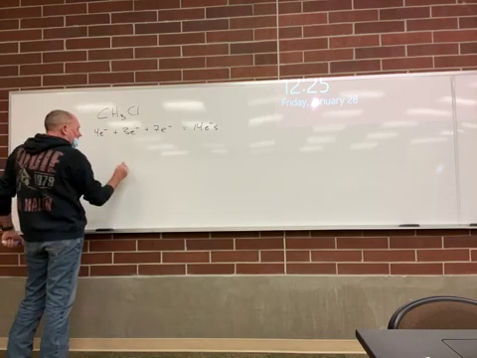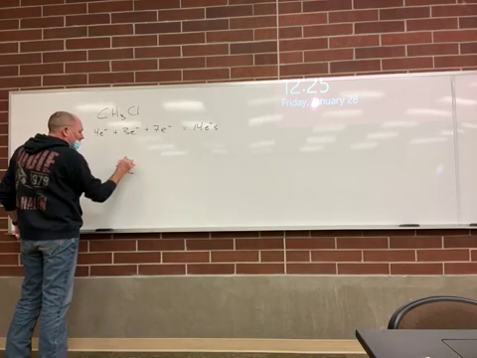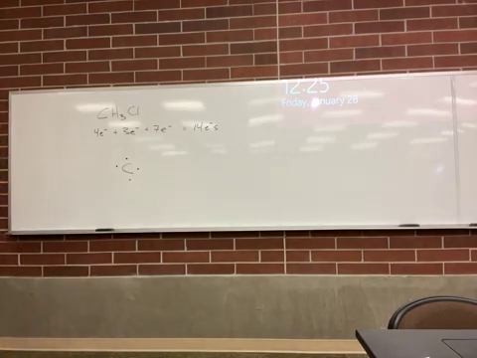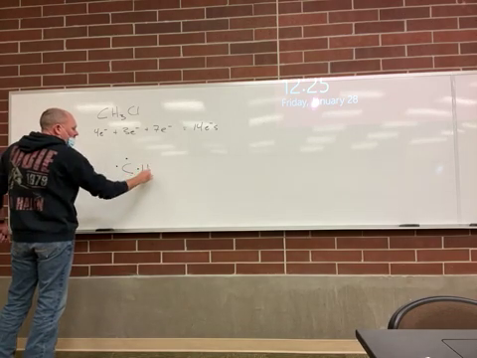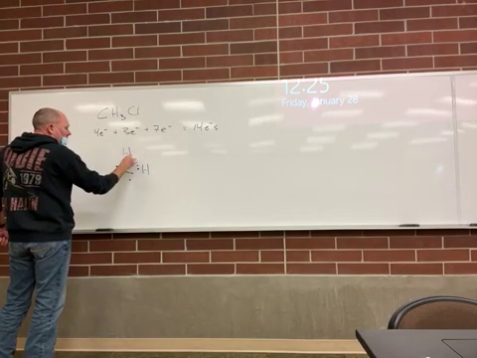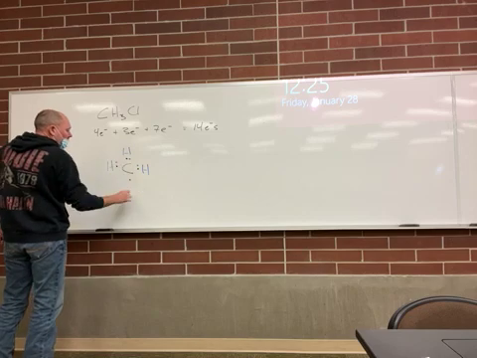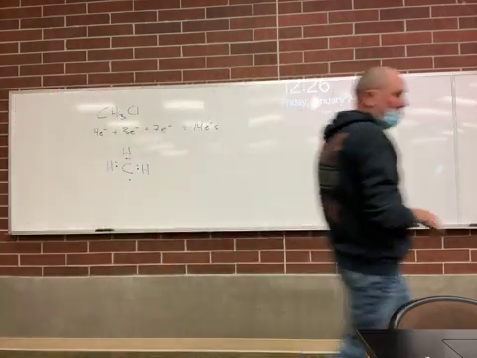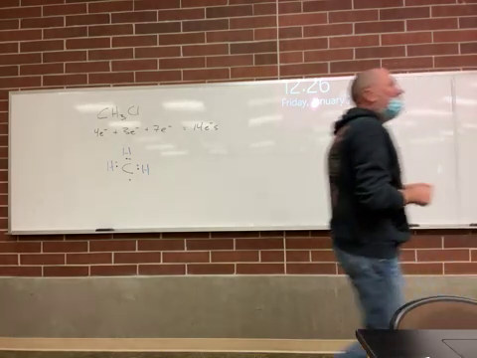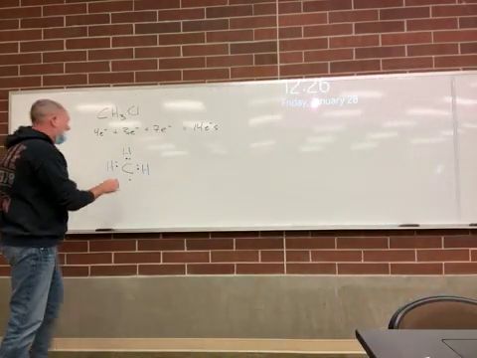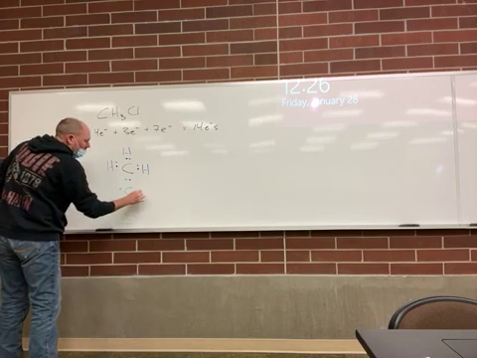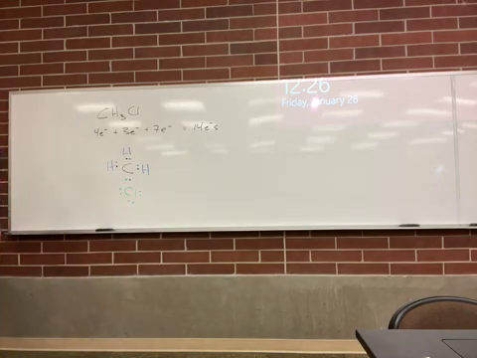So carbon brings in its 4 electrons like that. Okay, so this is electron dot structure. Hydrogen brings in its electron. Hydrogen brings in its electron. Hydrogen brings in its electron. And then chlorine brings in its 7 electrons, so it makes a really nice molecule.